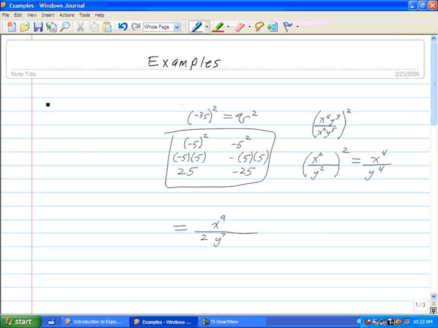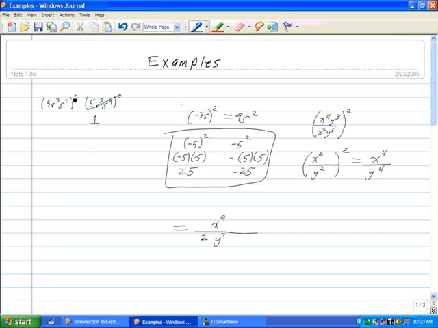Alright, let's take a 5r to the 3rd s squared, quantity squared, and multiply that by a 5r to the 3rd s to the 4th, and take that to the 0 power. Alright, again, remember what happens with your 0 power. First thing I can immediately see is that this whole thing is going to become a 1.